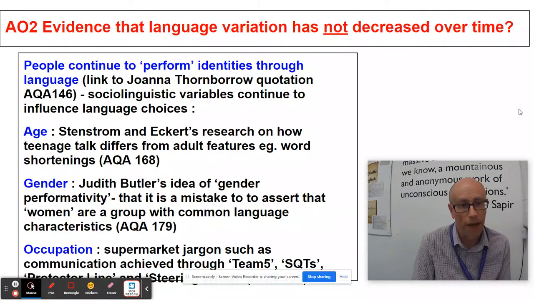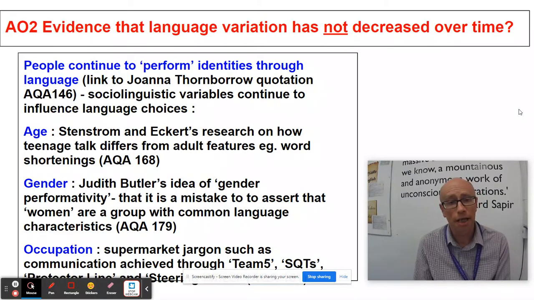I put three of them down there. So how old you are is going to have a big impact still on your language. And there you can draw upon Stenstrom and Eckert, who on page 168 in the textbook talk about how teenage talk differs from adult features.